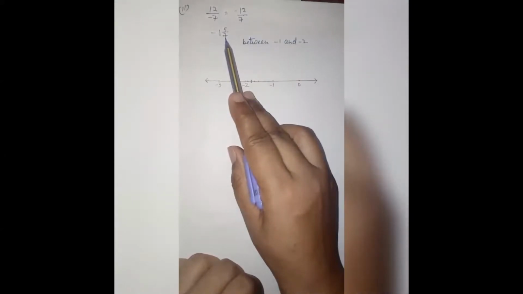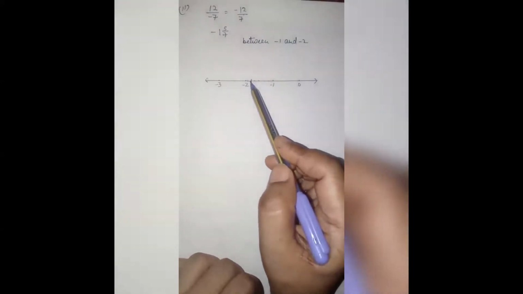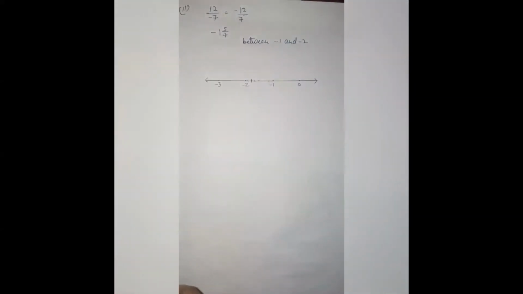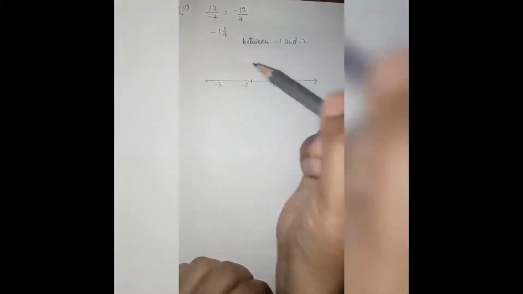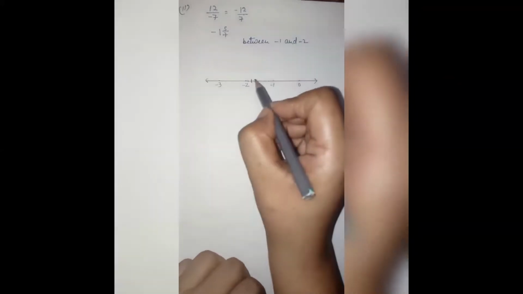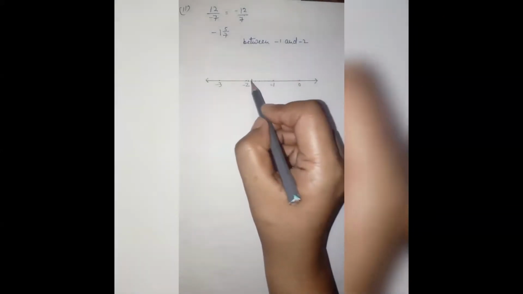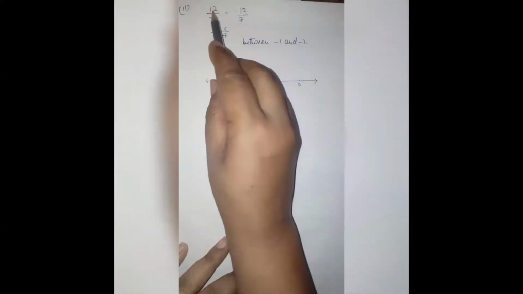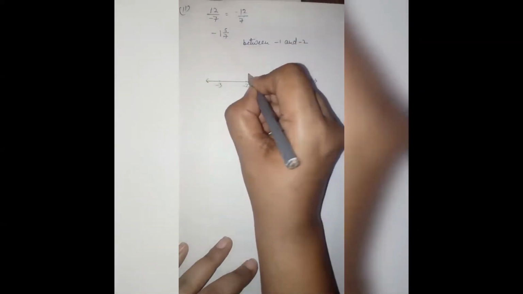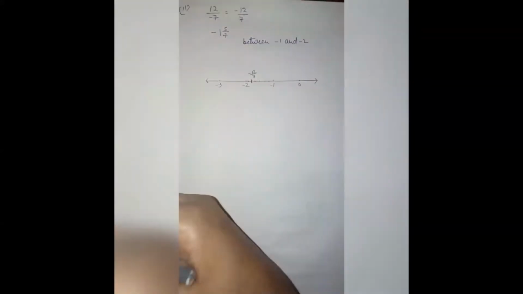Whatever is the denominator, according to that you will divide into the same number. 1, 2, 3, 4, 5, 6, 7. And we are interested in the fifth part. So the fifth part is this. I will highlight it. It will become the place where you will mark this number. So it means minus 12 upon 7 you will mark here at this point. In this way you will do.